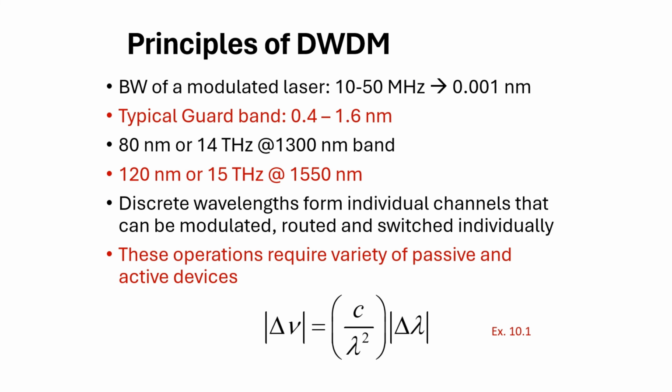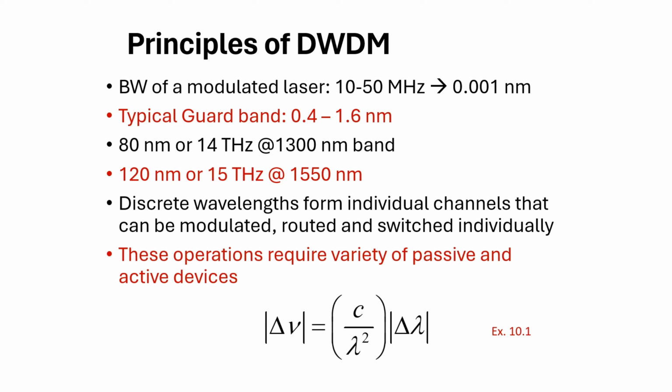Bandwidth of a modulated laser is 1050 megahertz, 0.001 nm. Typical guard band is 0.4 to 1.6 nm. 80 nm for 14 terahertz at the 1300 nm band, and 120 nm for 15 terahertz at 1550 nm. Already we know about discrete wavelengths, so individual channels can be modulated, routed and switched individually. And for this we require a variety of passive and active devices.